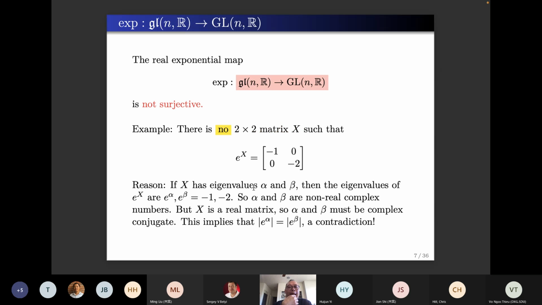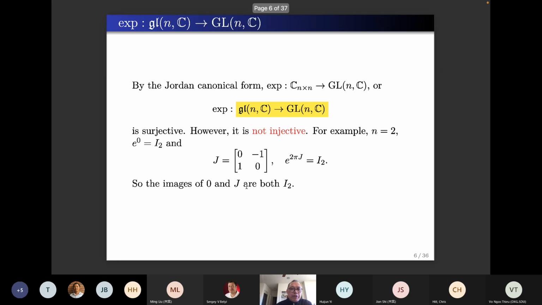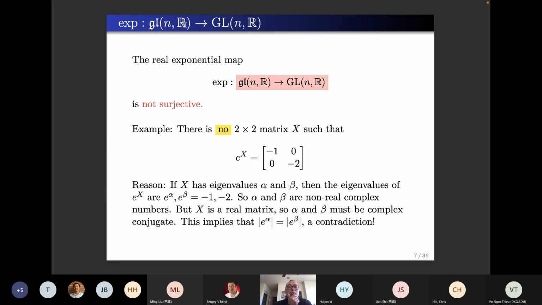What happens if you replace the field C by R? Let's consider the real exponential map. Right now, the underlying field is R, and this is the corresponding Lie algebra. This is not even surjective. That is, you can find something on the right-hand side here, and you cannot find a preimage on the left side.